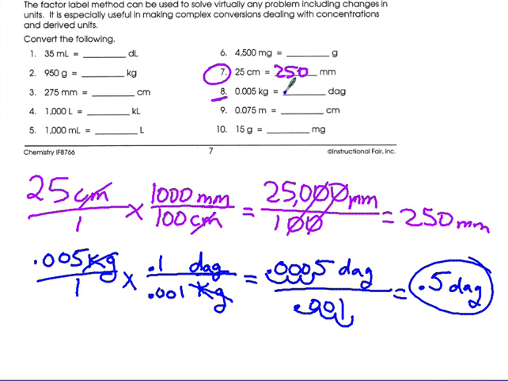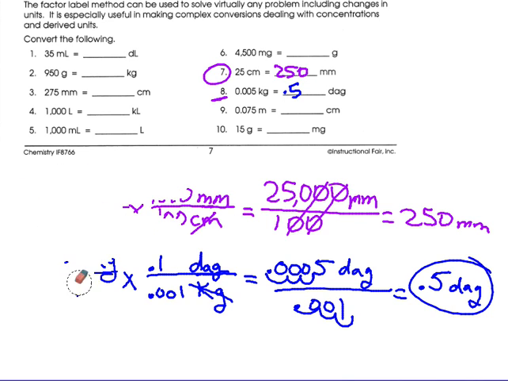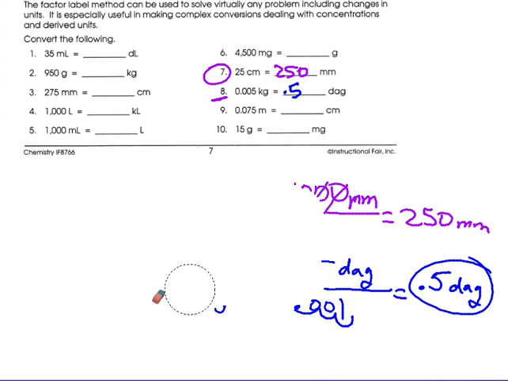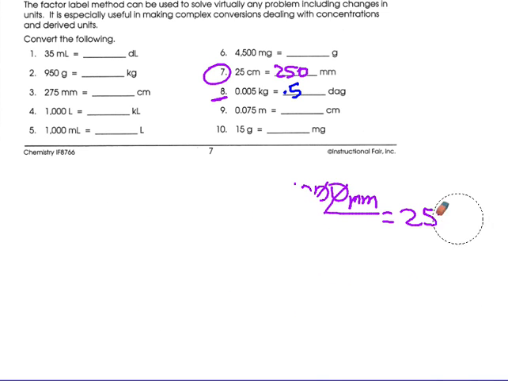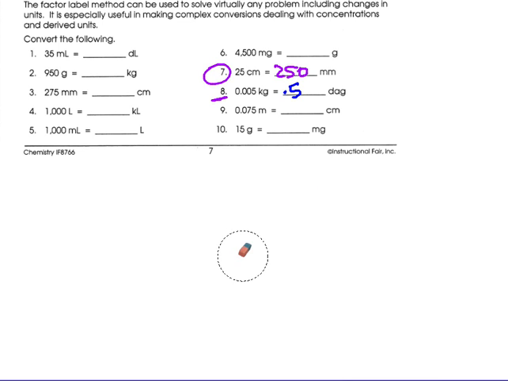Now I'm going to erase this. I'm just going to erase this part of it. I want to keep those up there just so that you can digest it a little bit. And we're going to go on to number 9. 0.075 meters.